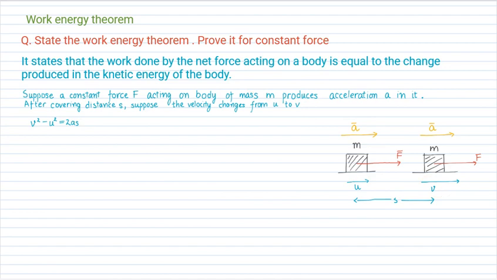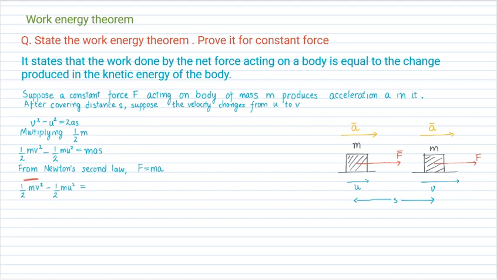So this is your equation of motion. Now on this equation, let us multiply half m on both sides, on the left hand side and on the right hand side. After multiplying half m on both sides, we will get half mv square, half mu square, and here half m multiplied with 2as. This 2 and this 2 get cancelled, so I will get mas.